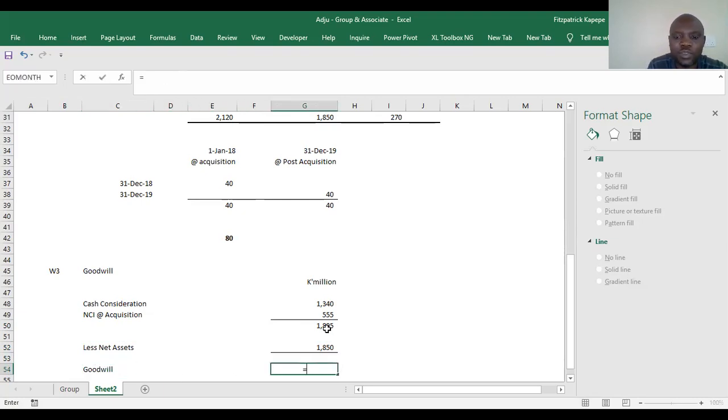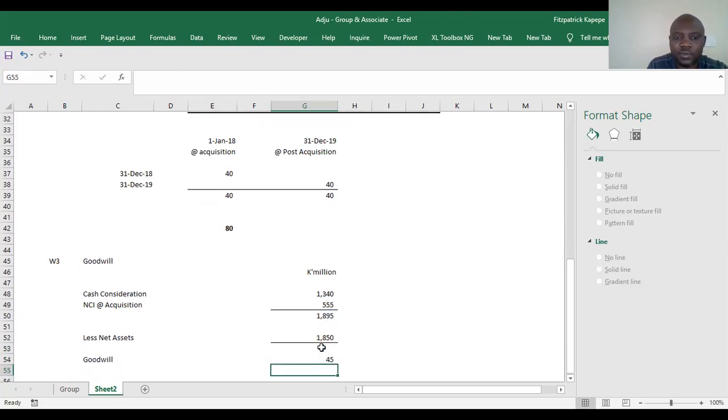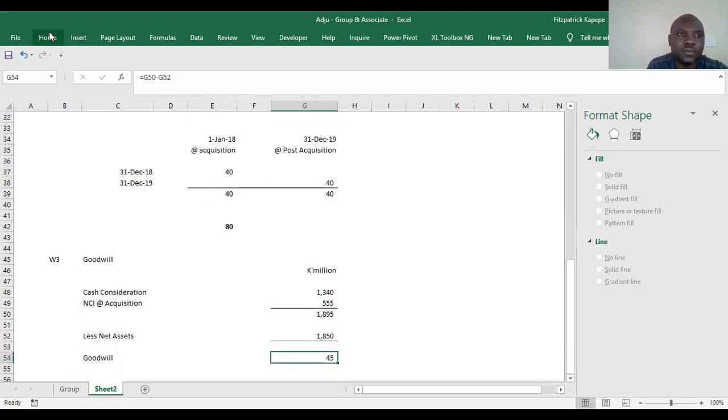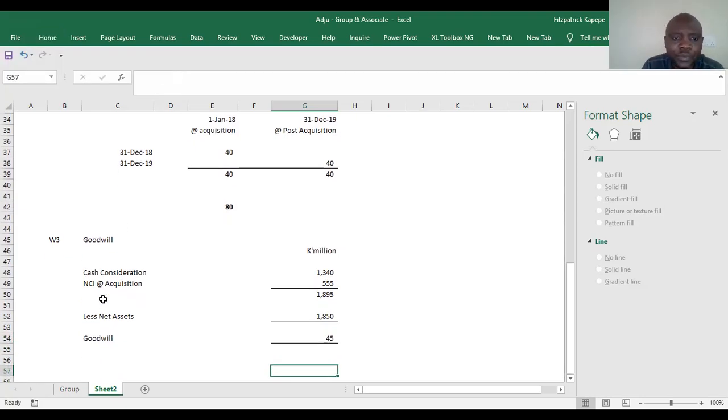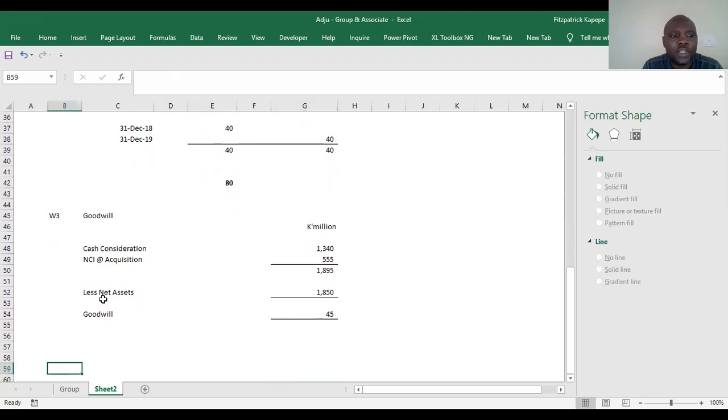So goodwill will be that minus this, 45. Then we go to working 4, which is the NCI.